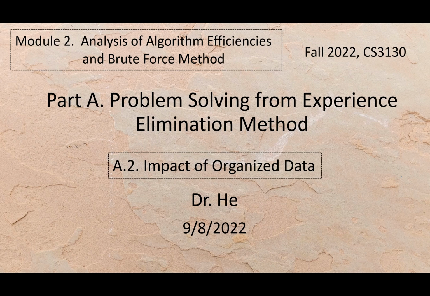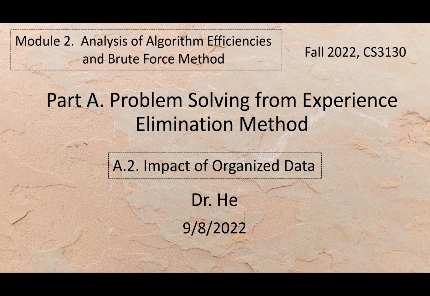At that time I said data structure helps a lot. Data structure helps us organize the data. With organized data, we can do better. Here we continue that topic. We will see that with organized data, we can improve the efficiency of our algorithm.